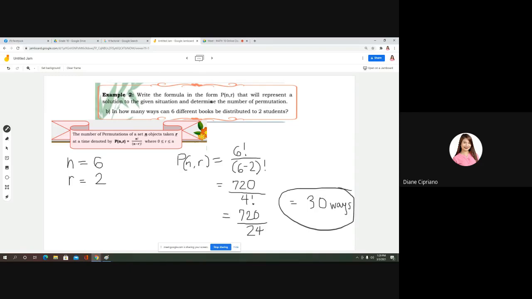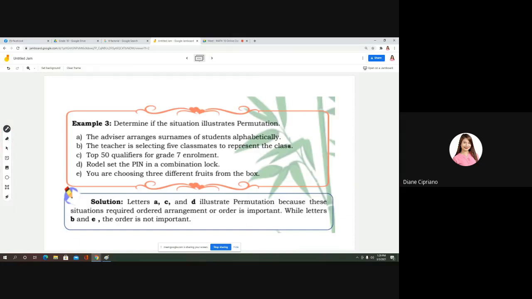Got it? Yes. Okay, let's proceed with example number 3. In this example, determine if the situation illustrates permutation or not. Letter A: the advisor arranges surnames of the students alphabetically. Permutation or not? Nag-arrange.